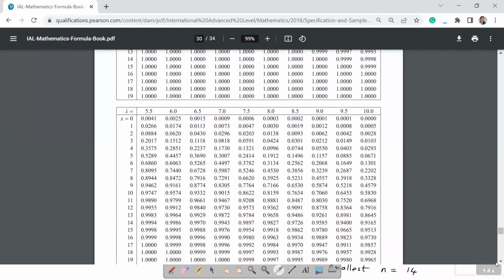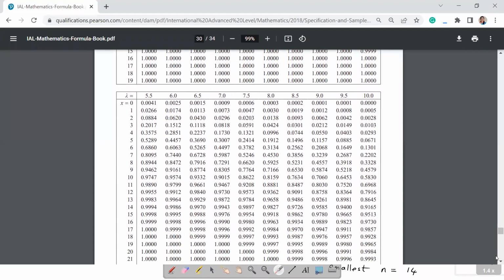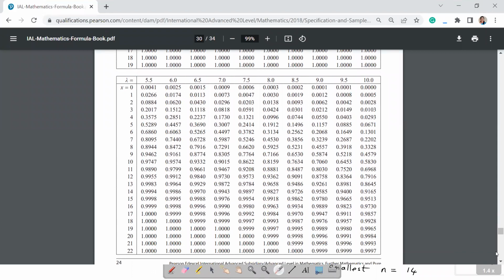So here's my lambda value of 9. Where do I exceed 0.95? This is the first one where I exceed 0.95, at 14.